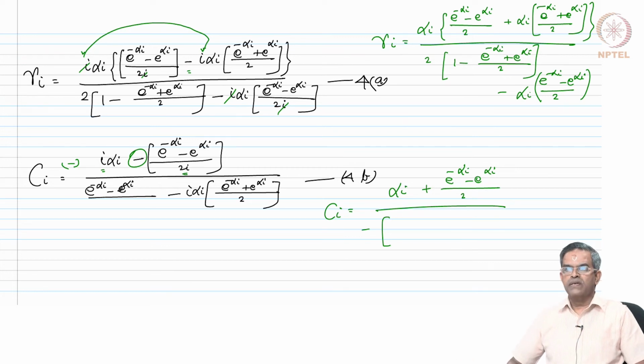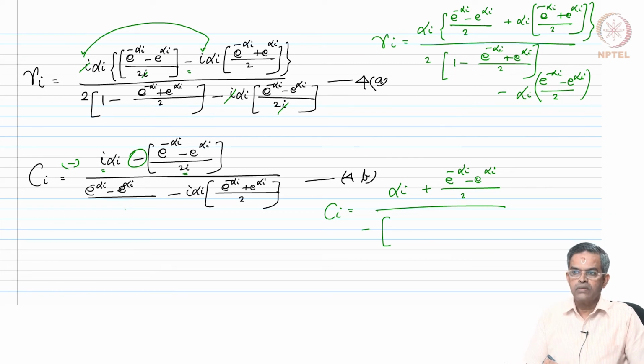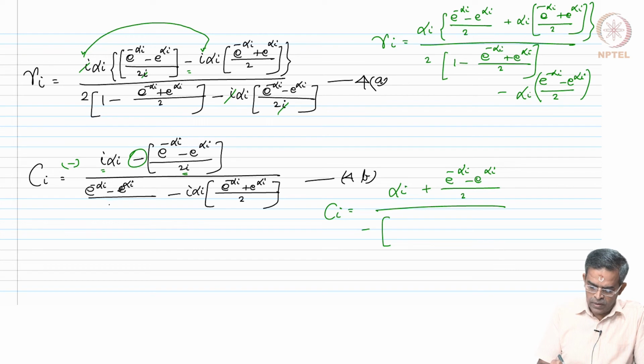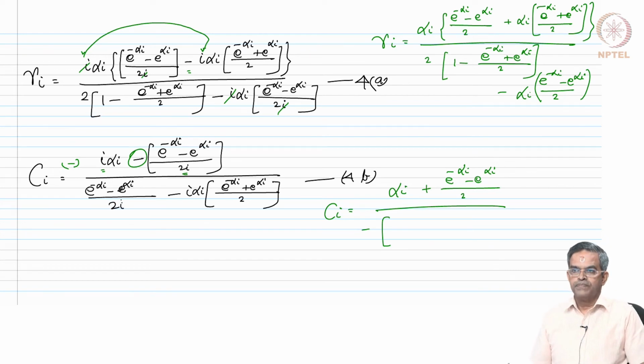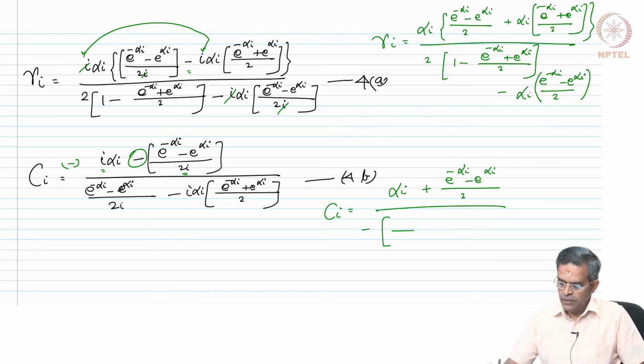So, I am putting the minus here, then I am saying this equation is I think incomplete. There is a 2i here, there is a 2i here, I think I have not copied that, minus of e to the power of minus alpha I minus alpha I by 2.